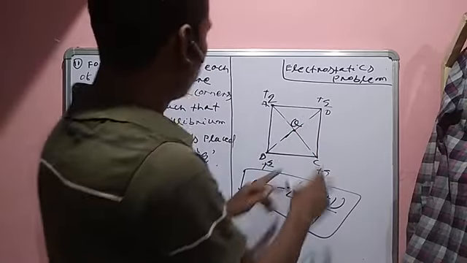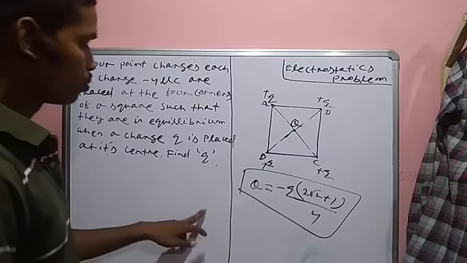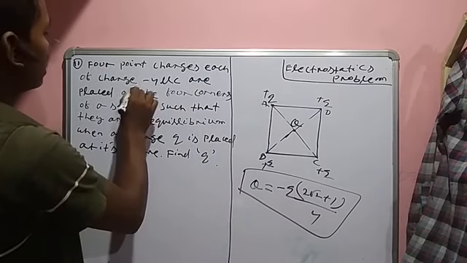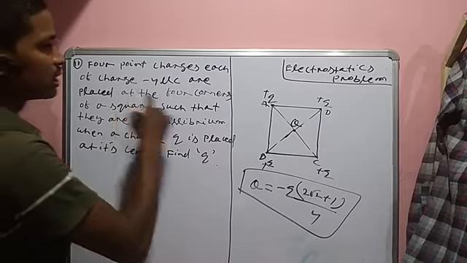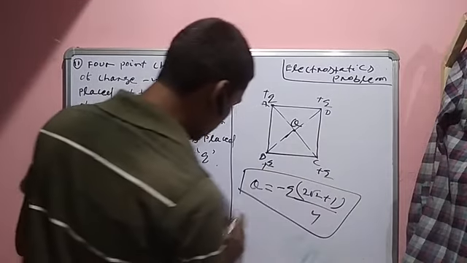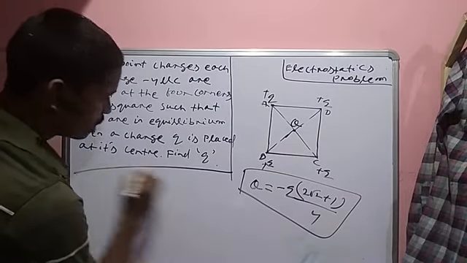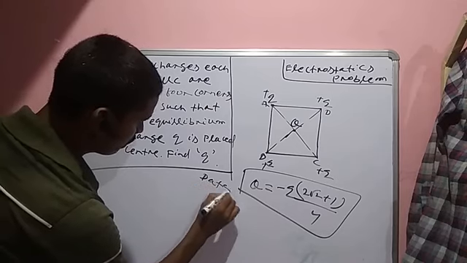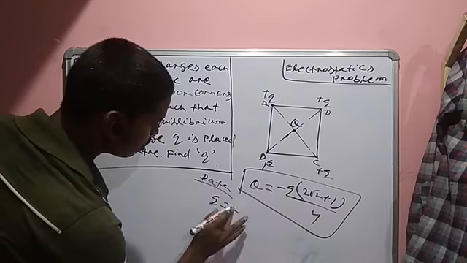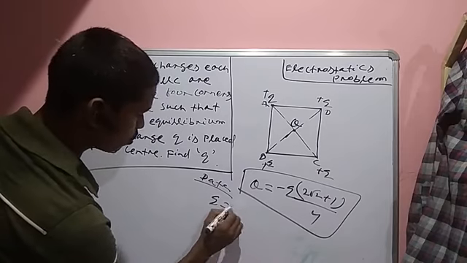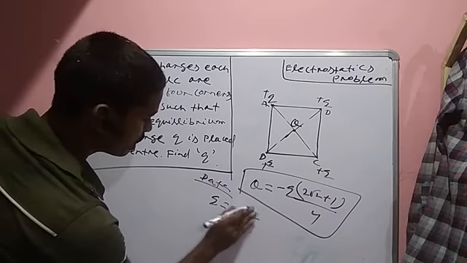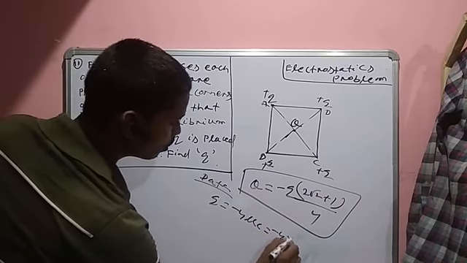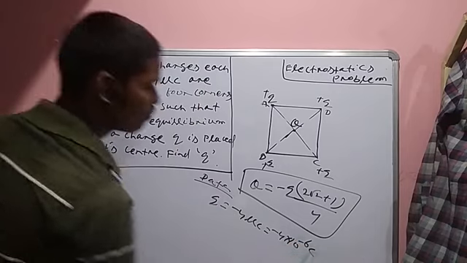Particularly, a similar type of problem is here. The four point charges, each of charge minus 4 microcoulomb. That means q is given data. q is given, minus 4 microcoulomb, minus 4 into 10 to the minus 6 coulomb.